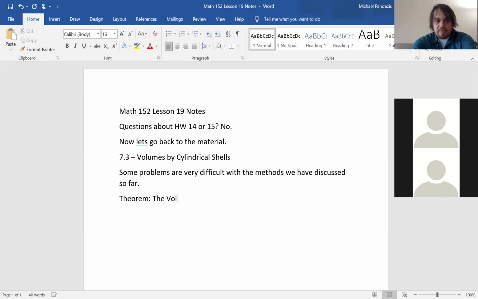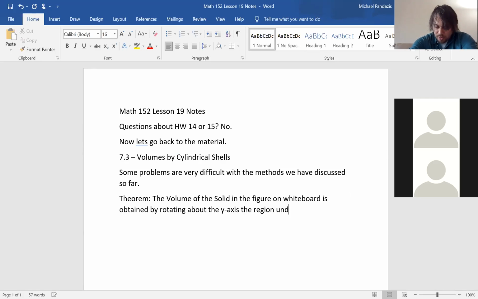Okay, here, the volume of the solid in the figure on whiteboard is obtained by rotating about the y-axis the region under the curve y equals f of x from A to B.